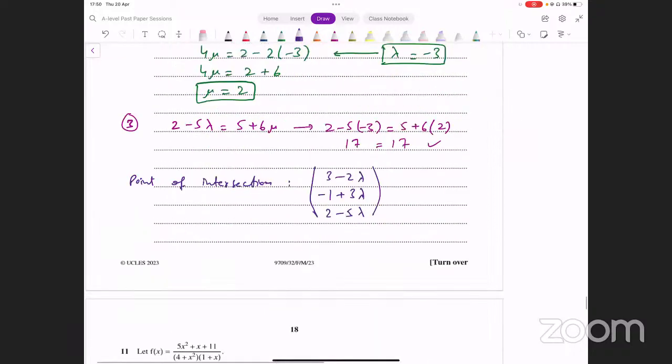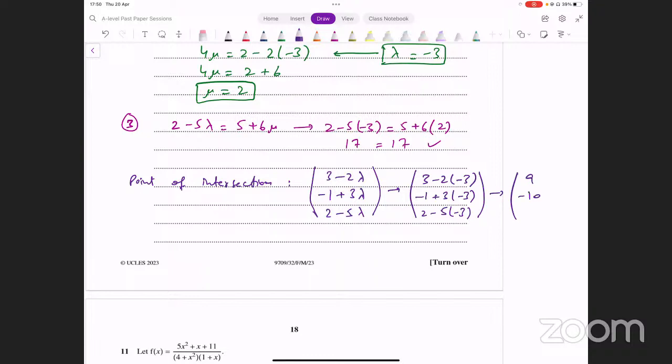इसके अंदर lambda की वैल्यू -3 अगर हम इनपुट कर दें, let's see what we get from that. 3 minus 2 into -3, -1 plus 3 into -3, and 2 minus 5 into -3. And that's going to give us the position vector that we are looking for. ठीक है? 3 plus 6, that's 9. -1 minus 9, that's -10.